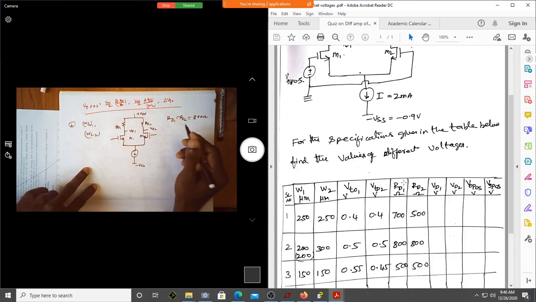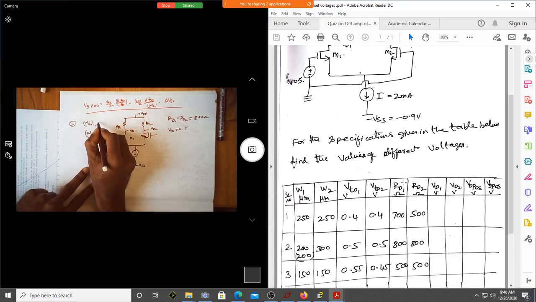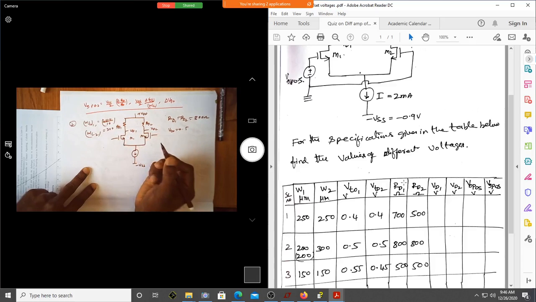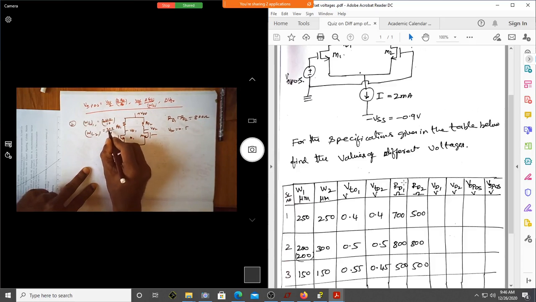Am I correct, Ayush? V2 is equal to 0.5. Done. But W by L of this is, if you can see, it is 200 divided by 10 micrometer, and this is 300 divided by 10 micrometer. Am I correct?